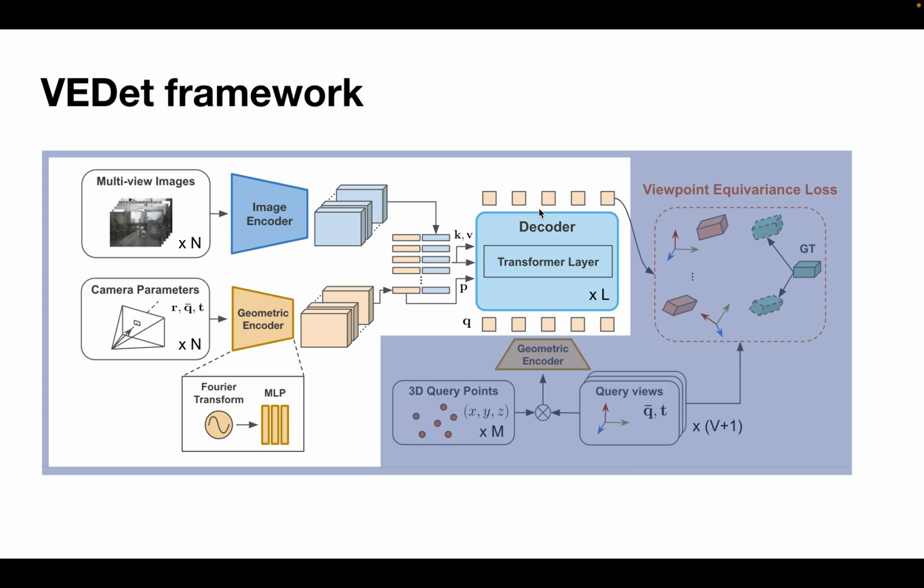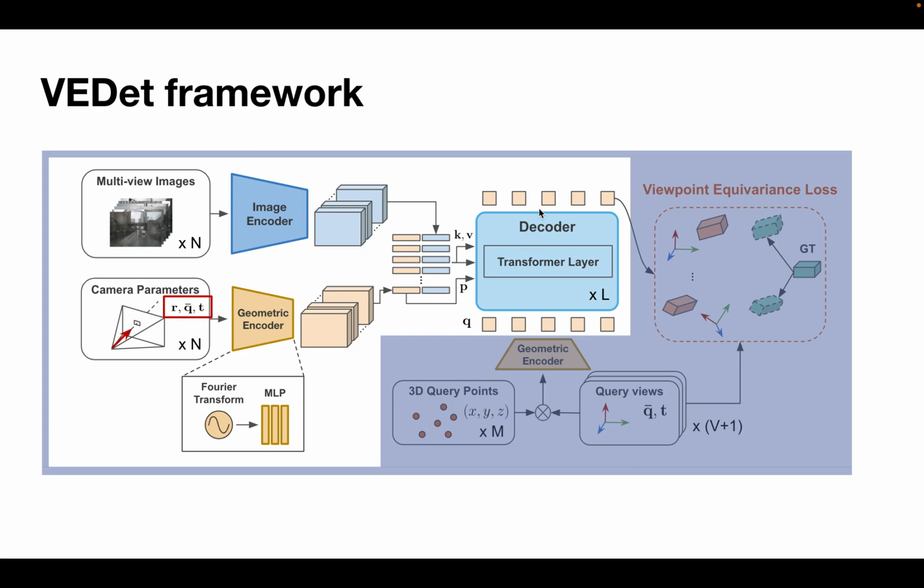To take a closer look, image features are extracted from the multi-view images, which are flattened at the spatial dimension and concatenated as the key and value tokens to the decoder. For each token, we calculate the corresponding camera ray that originates from the camera center and points to the 2D grid location.